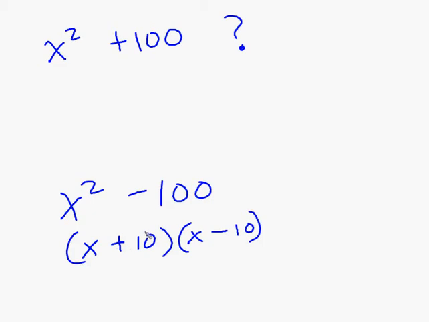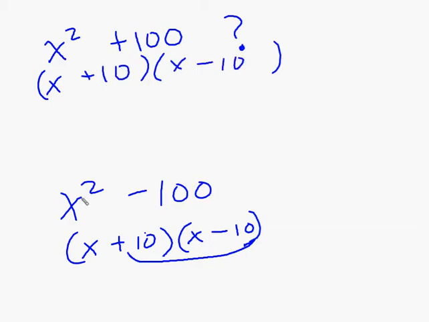That's correct. And notice why it works, because I have this plus 10 and minus 10, which gives me negative 100. And then here's what almost every student in the world does. They write the same answer. But these are completely different, because this is a plus. And notice, what's 10 times negative 10? Negative 100.